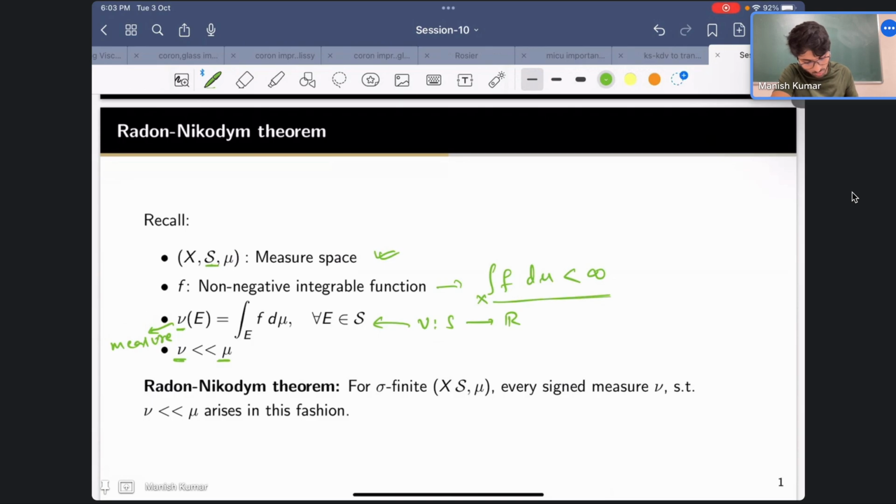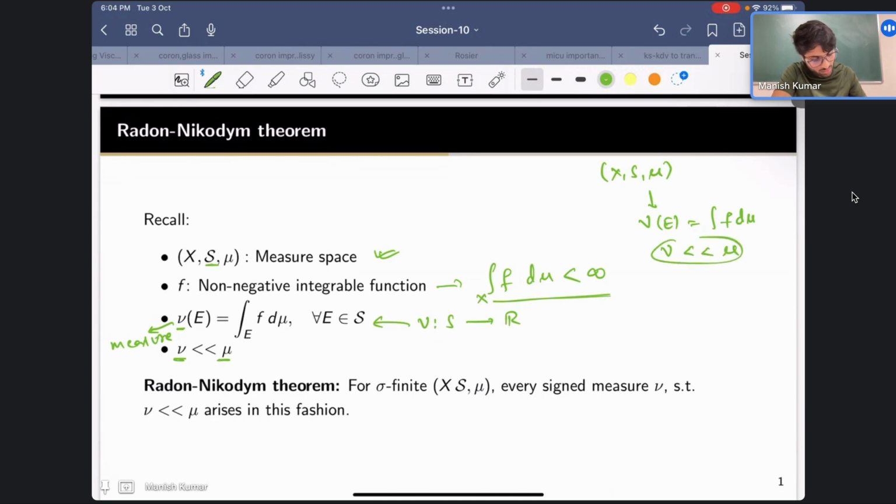So if you are given this (X, S, mu), and from here you define nu of E equal to the integral of f d mu, then you have shown that this nu is absolutely continuous with respect to mu. Now the other question is, is the converse true?